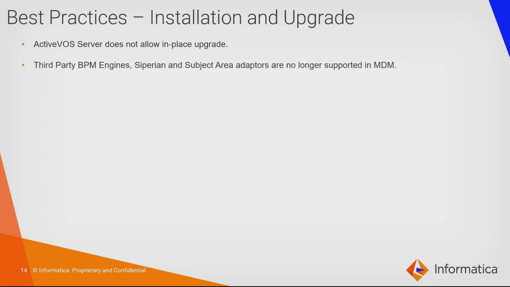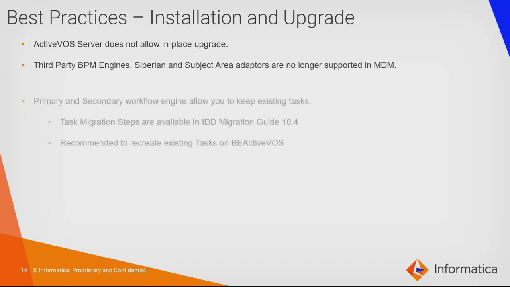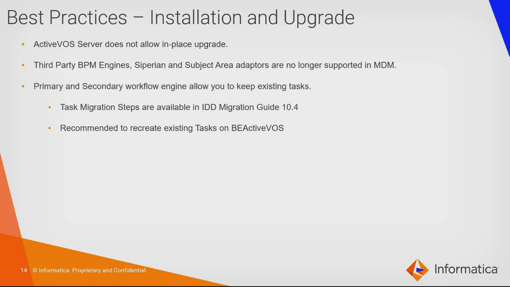So third-party BPM engines are no longer supported, as mentioned earlier. We do have the concepts of the primary and secondary workflow engine, which can be configured in your workflow manager. The primary workflow engine is the one on which the new tasks are created after you move to ActiveVOS.